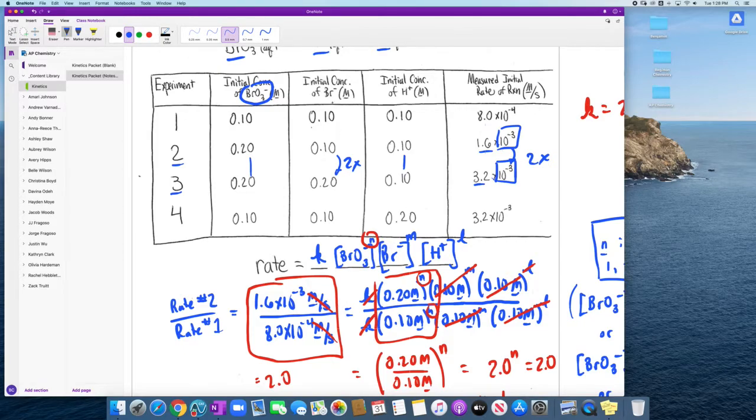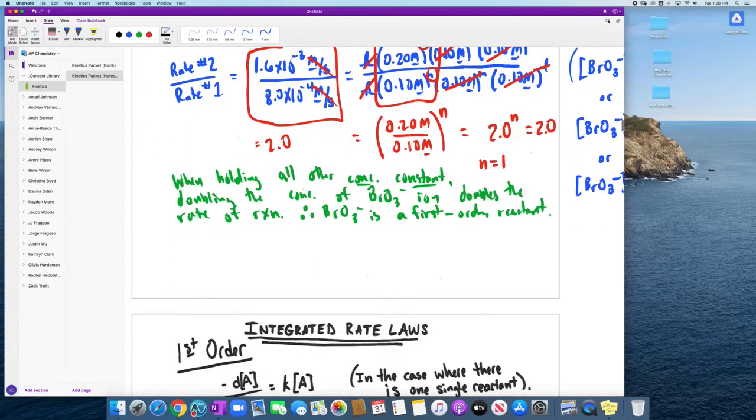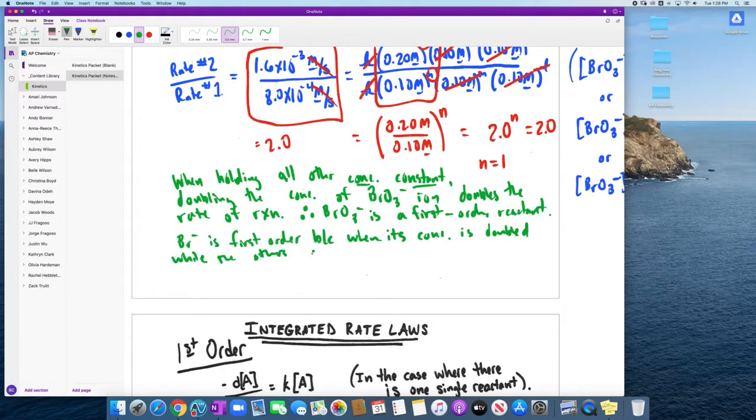This is directly proportional. Bromide is also a first order reactant. Bromide is first order because when its concentration is doubled while the others are held constant, the rate doubles too.